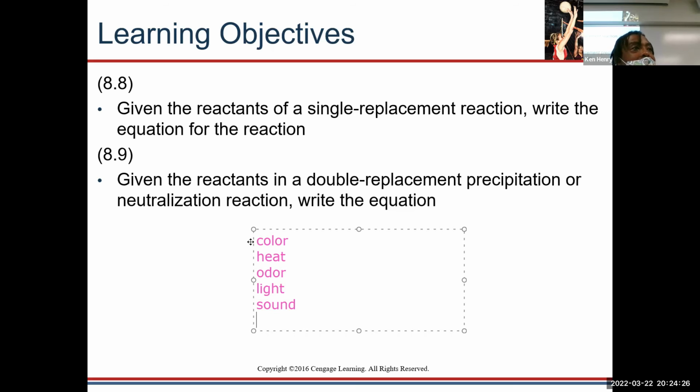Gas formation, solid formation. Okay, so those are the ways that we determine whether or not a chemical reaction has occurred, right?